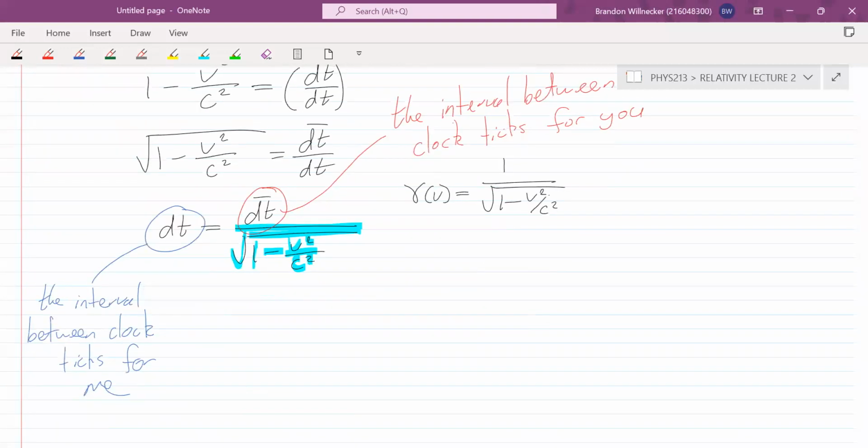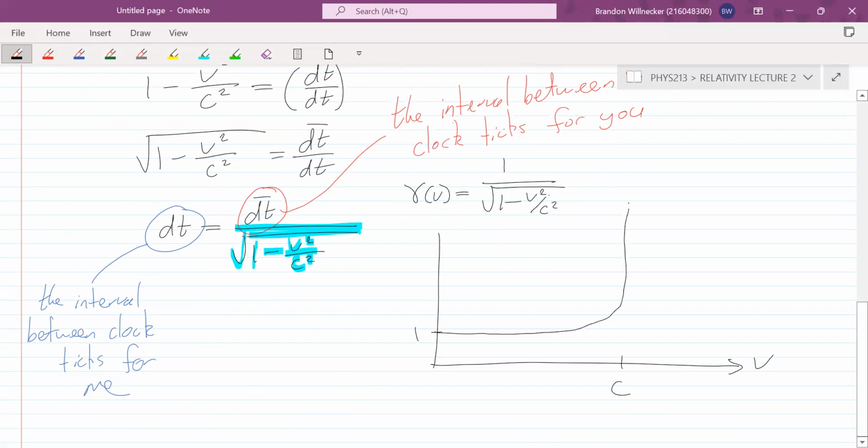And just a quick note on this relationship. If we draw this gamma factor as a graph, so let's say here's v, and here's the speed of light c. It starts off at 1, and then it goes up and up and up, asymptotically here at c. It goes off to infinity. In other words, this gamma is not valid for anything greater than the speed of light.